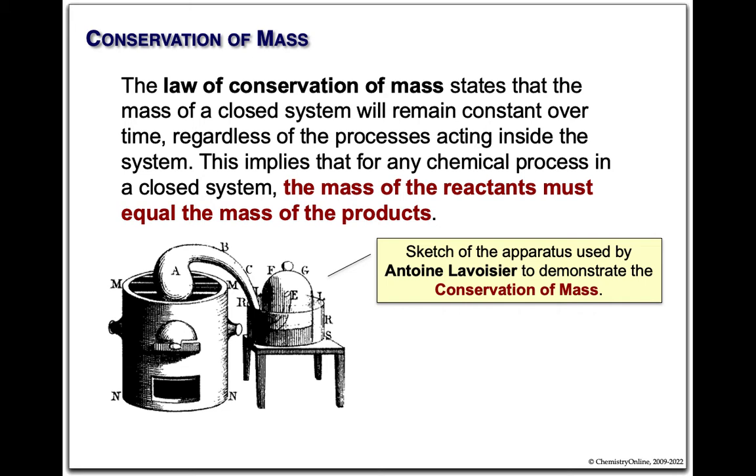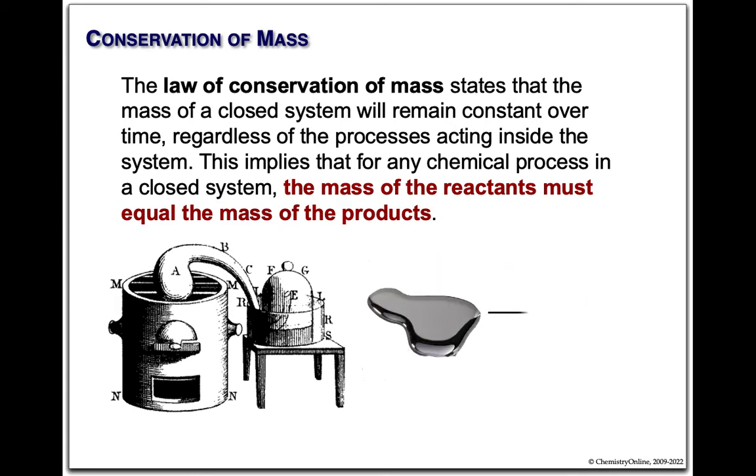Lavoisier was a French chemist. He messed around using this apparatus with mercury and mercury oxide and was the very first one to demonstrate the conservation of mass. What he did, he started with mercury, heat it up, and you make mercury oxide.